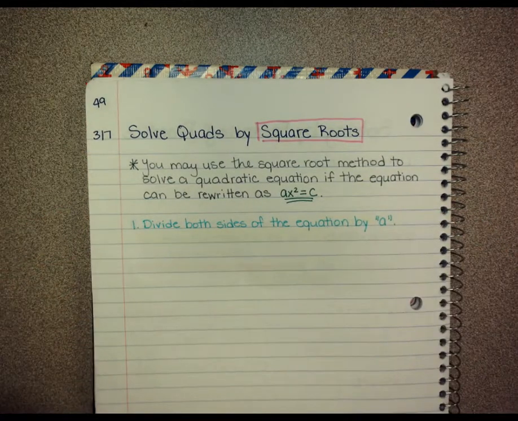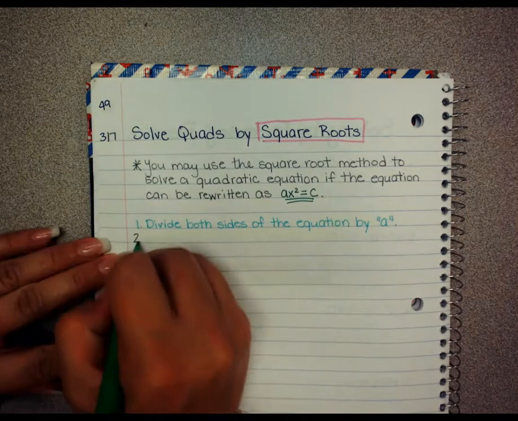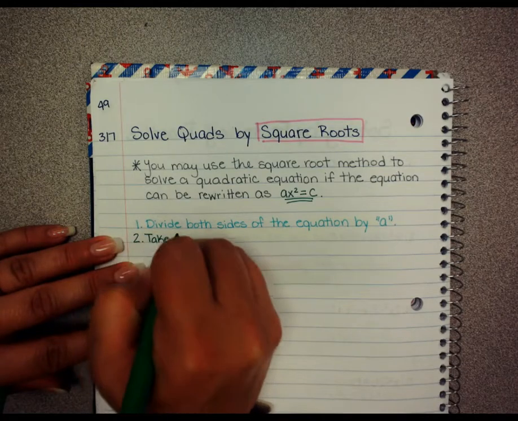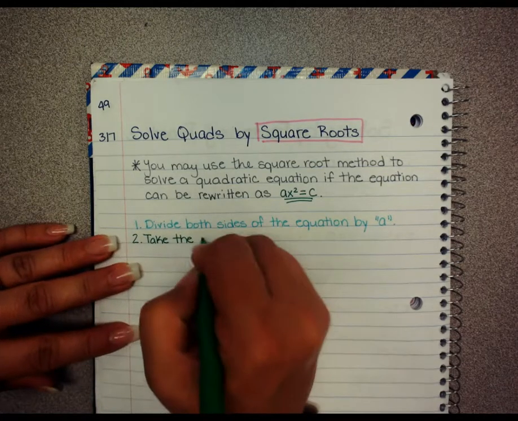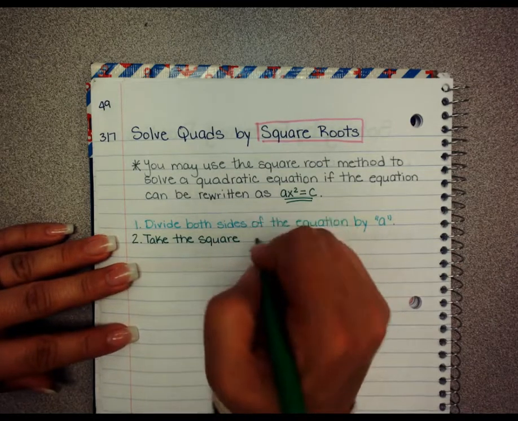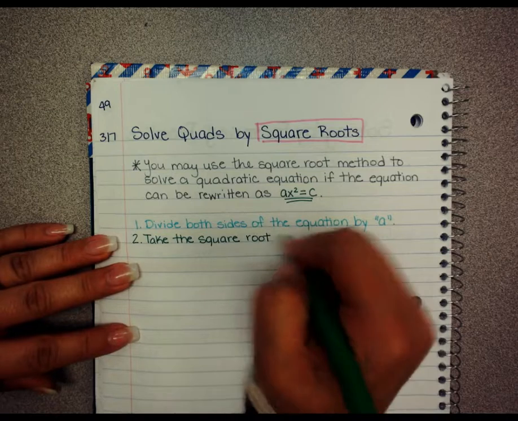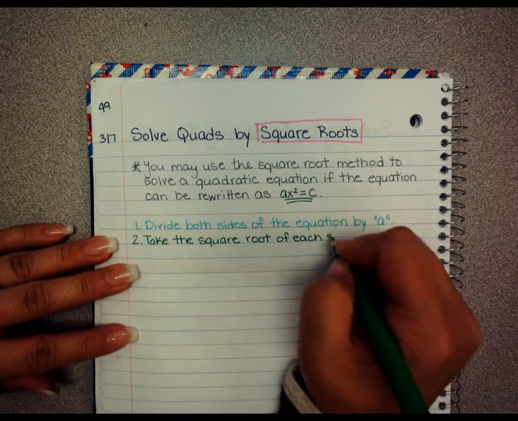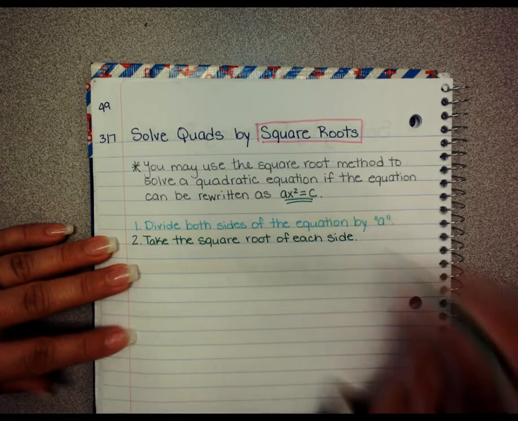Okay, so to divide both sides of the equation by a. Step number 2 is to take the square root of each side. Okay.